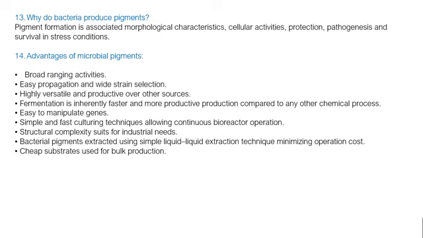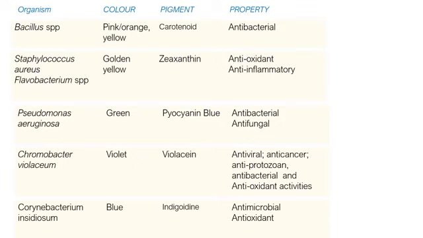Then simple and fast culturing techniques allowing continuous bioreactor operations. Structural complexity suits for industrial needs. Then bacterial pigments extracted using simple liquid-liquid extraction techniques. It minimizes the operation cost also. And cheap substrates used for bulk production. Okay, so these are the reasons why microbial pigments are nowadays used widely. Okay, so these are some extra examples, easy examples to remember.